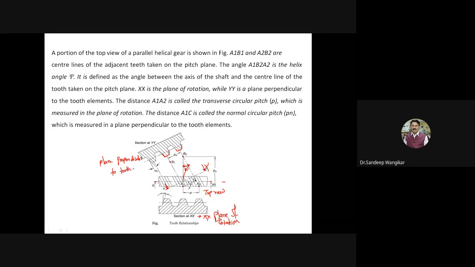The distance A1, A2 is called transverse circular pitch. See here, the distance A1, A2, these two points, this is shown as P.